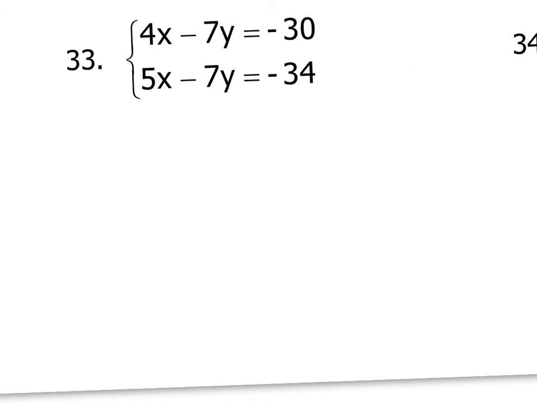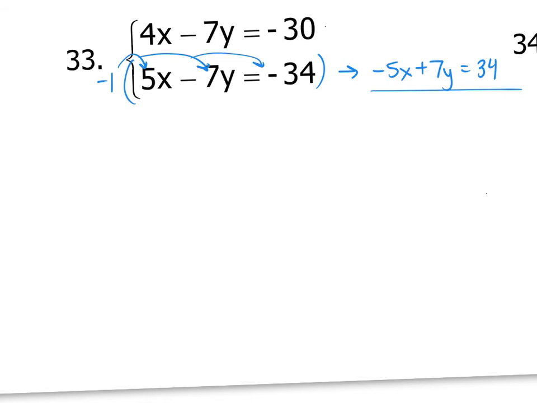Number 33 is almost set up for elimination. If I can make one of these negative 7s be positive, then I could add and these would be eliminated. So I think I'm going to times the bottom equation by negative 1. In other words, switching the sign on every single number inside of that equation. So now I have negative 5x, positive 7y, and equals positive 34.